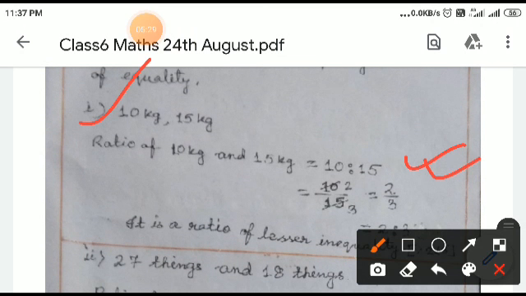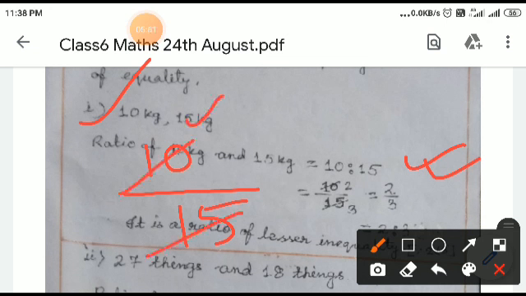Now expressing the ratio as a fraction, we are getting 10 is to 15 equal to 10 by 15. Now after cancellation, we are expressing the ratio in lowest form. Dividing both the terms, that is numerator and denominator, by 5, we are getting 5 2s are 10, 5 3s are 15, that is 2 by 3.